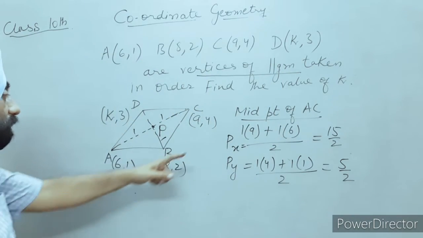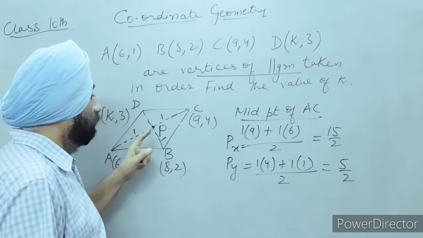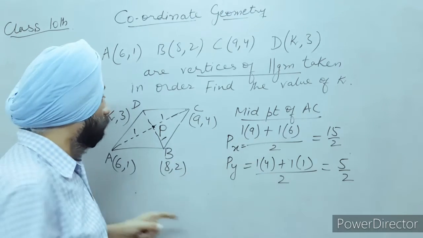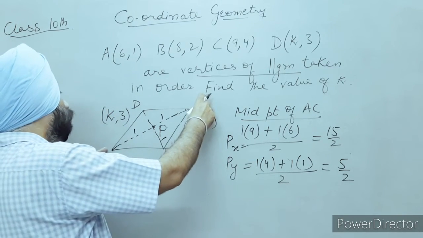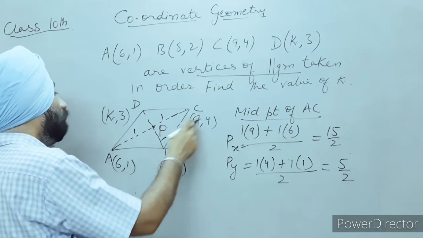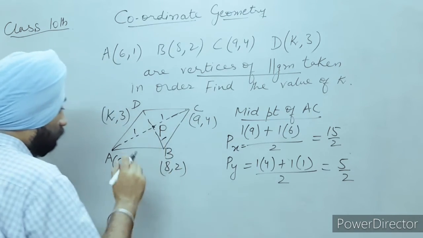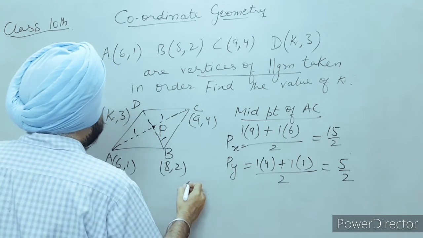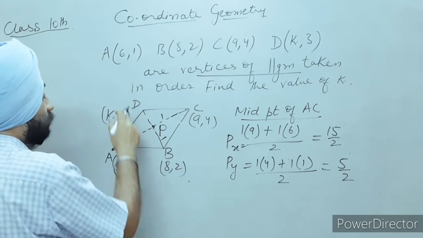This is the abscissa of point P and this is the ordinate of point P. I have calculated the midpoint of AC, that is 15 by 2, 5 by 2. Similarly, I will calculate the midpoint of BD.